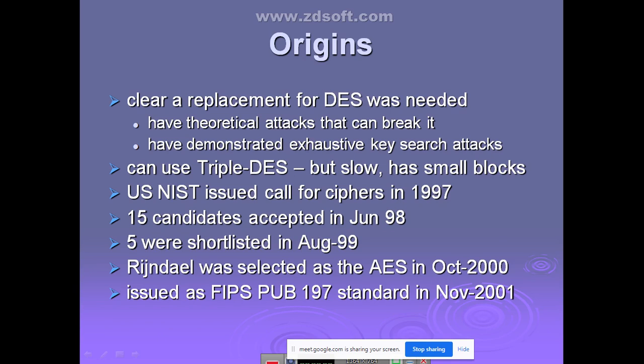Among 15, only 5 were shortlisted. But among those, Rijndael was selected as the AES in October 2000. See, in the year 2000, they came up with the AES algorithm design criteria.